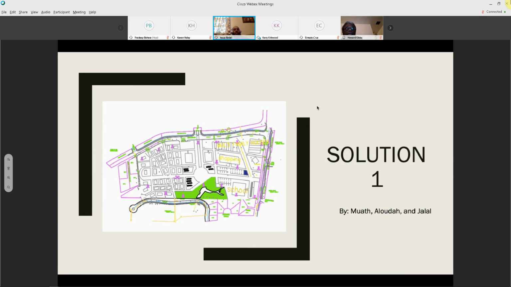There is also other developments around the property. Those are our constraints. So in order to use these constraints to develop, we had to come up with three different layouts for the property. This is our alternative one, which was developed by Muath, Aloudah, and Jalal.